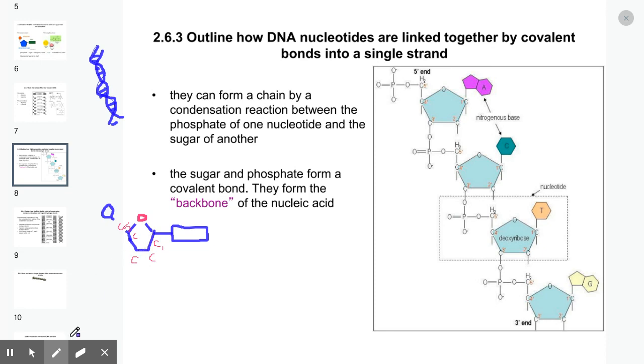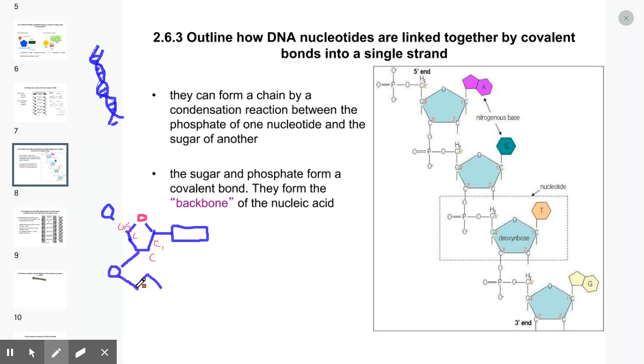Okay, we have to draw a couple of them linked together in a strand. So let's draw another one. We have a covalent bond coming off carbon 3. That's going to be connected to the phosphate of our second nucleotide, and that will connect to carbon number 5.